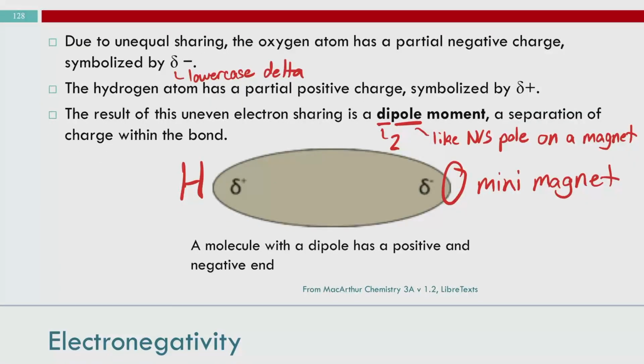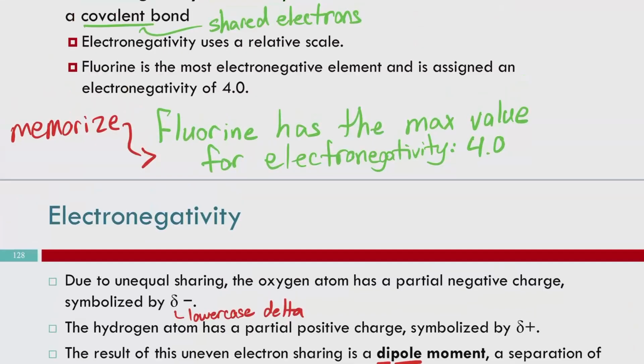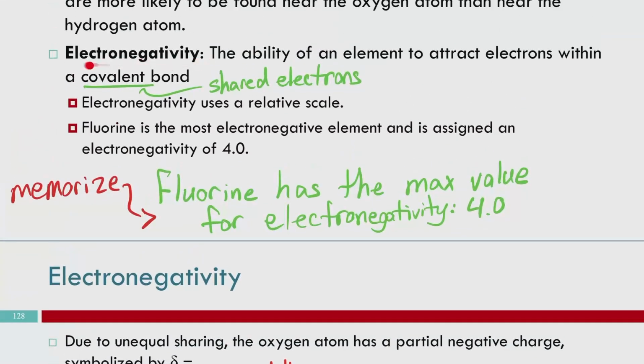Do we have questions so far about dipole moment or electronegativity? Another way that I usually think about this is that the electronegativity scale is like a tug of war stat for our atoms.